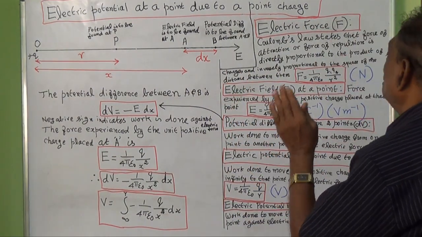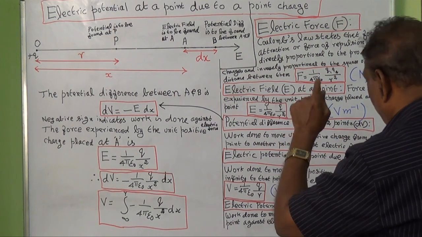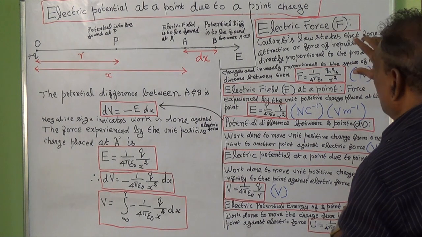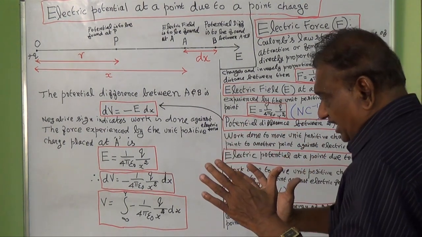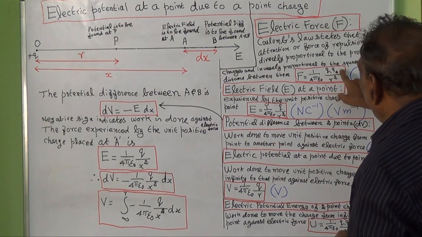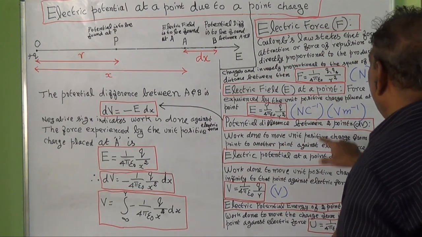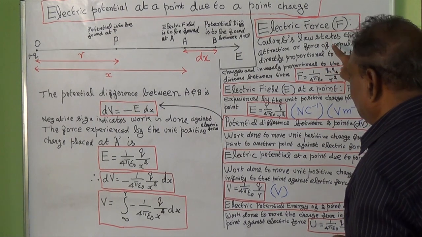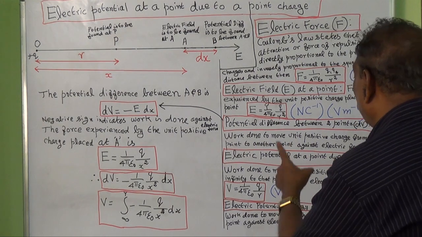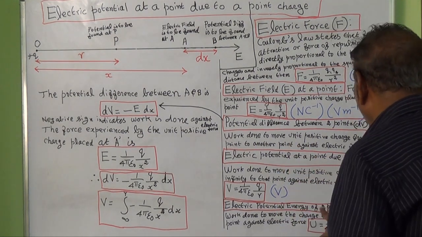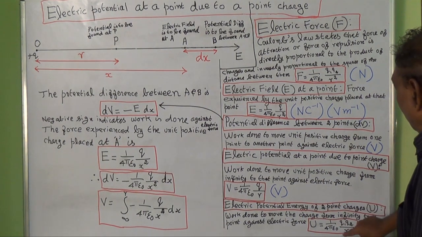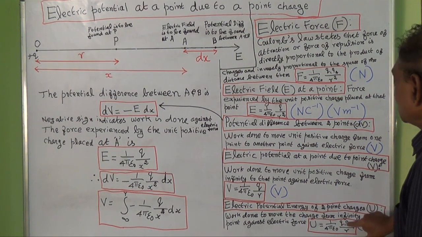Moreover, we can also understand one thing: in the case of 2 charges, if 2 charges are considered, in the numerator Q1 Q2 has come. Here also 2 charges have come, that is in the case of electric force. In the case of electric potential energy also 2 point charges have come, so Q1 Q2 has been written in the numerator.